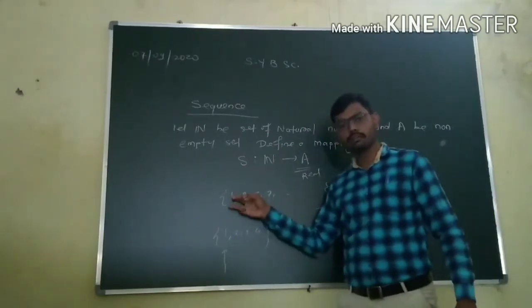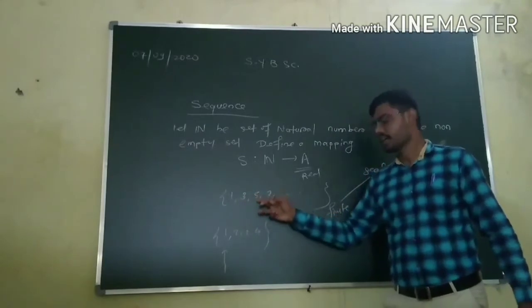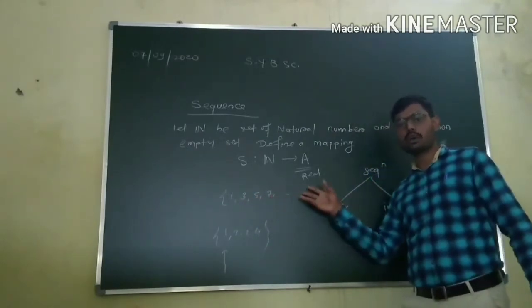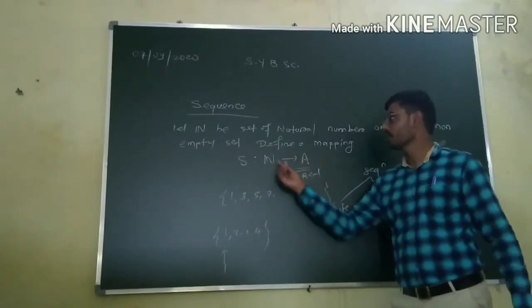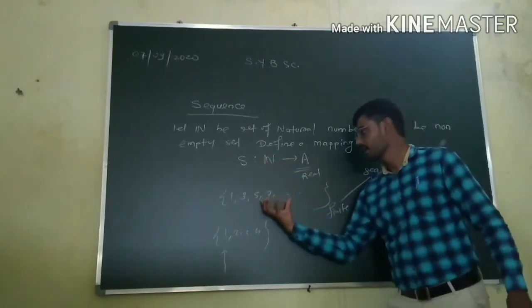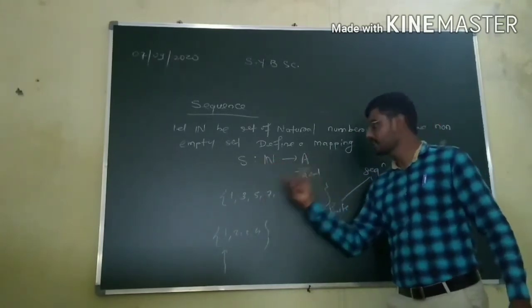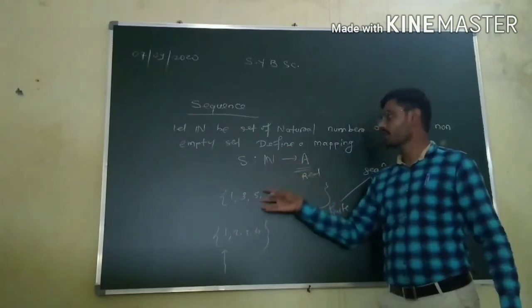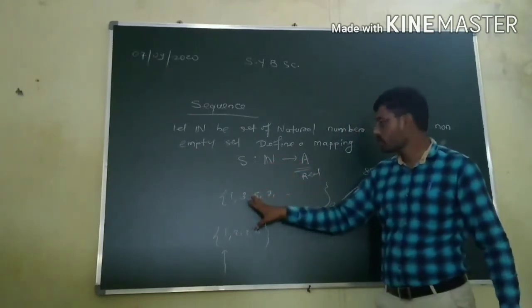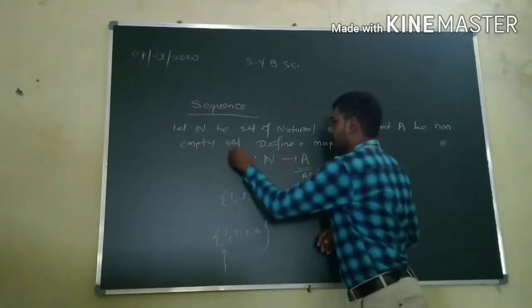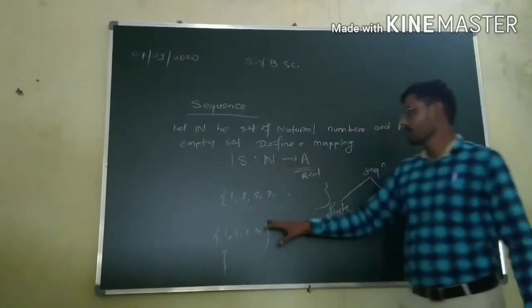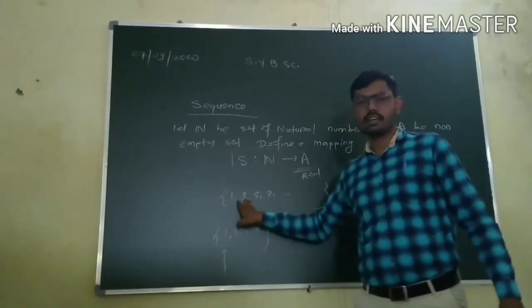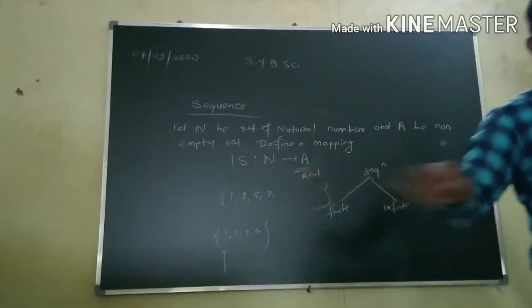Here the first element is 1, the second element is 3, third element is 5, fourth 7, and so on. So there is a one-to-one relation between the set of natural numbers and the range set A. Here the range set is this. So there is a one-to-one correspondence between this and this. So that is the definition of a sequence. Okay. So this is a finite sequence and this is an infinite sequence.